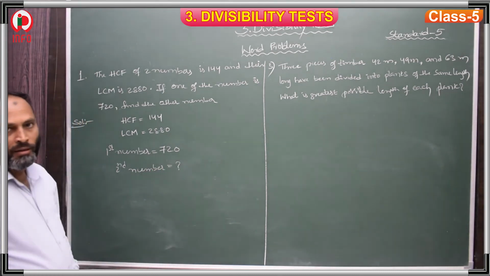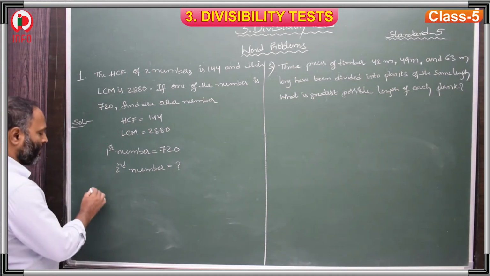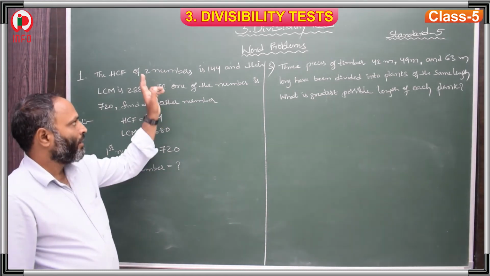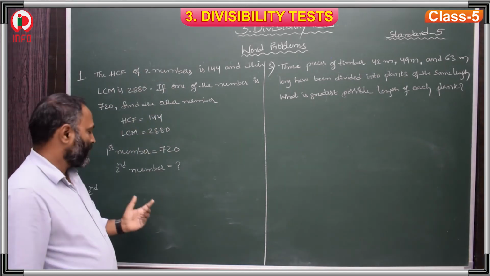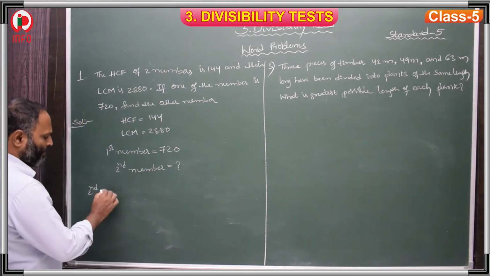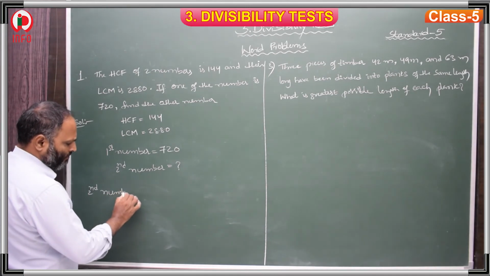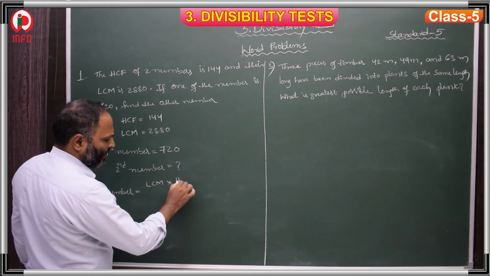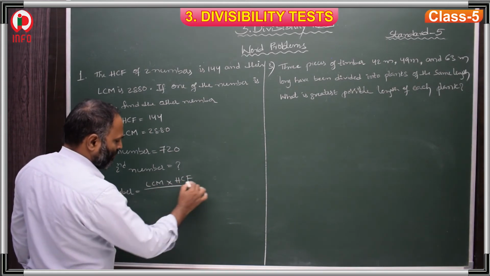For this we have a formula, which we discussed in the facts on LCM and GCD. The second number is equal to LCM into HCF divided by the first number.